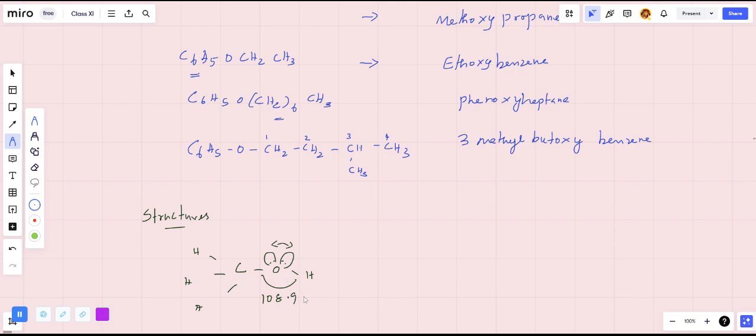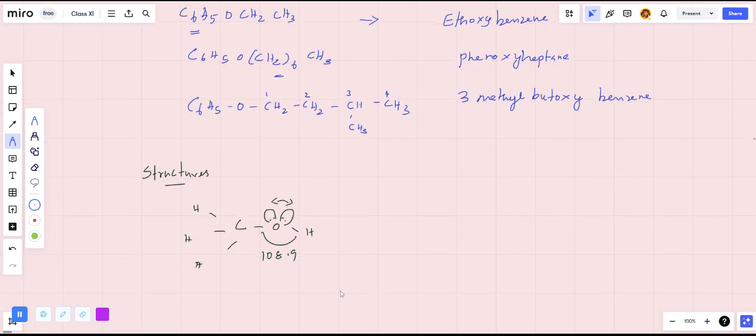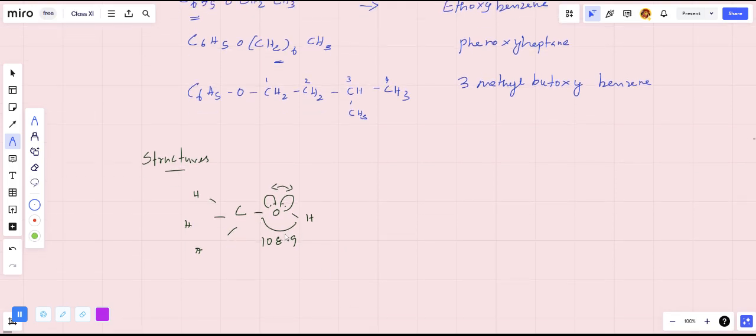Why it is slightly lesser is a reasonable question. Why is it not 109? For tetrahedral it is 109 degree, right? But here 109 degree is not there. What is the reason?